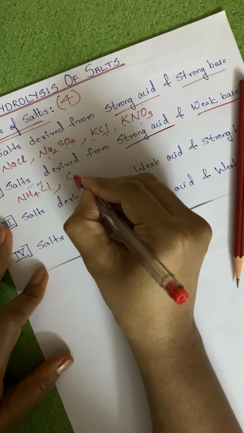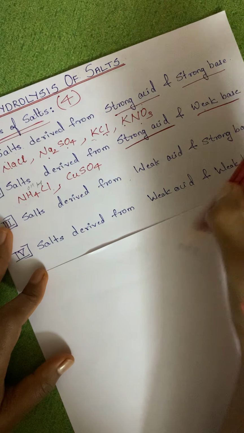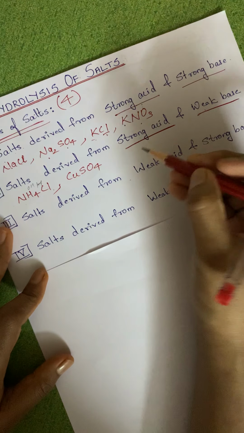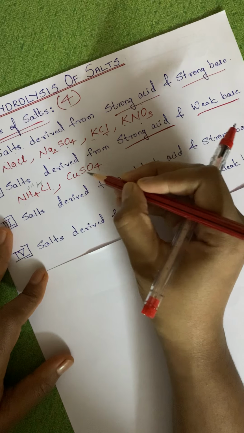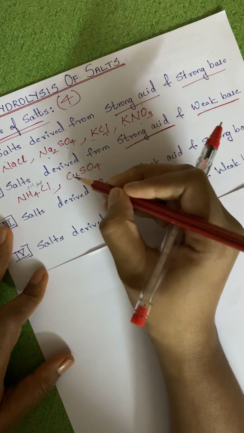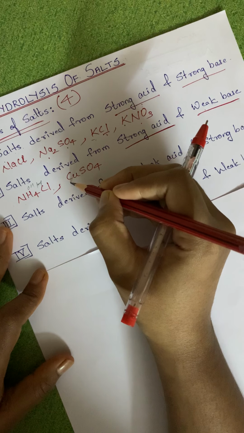Next one, CuSO4, copper sulfate. Copper sulfate is derived from a strong acid. If H is attached over here, it will be sulfuric acid, H2SO4. And what will be over here? It will be Cu(OH)2.